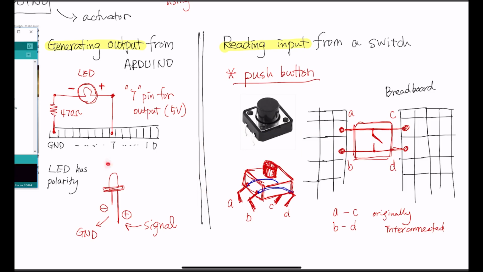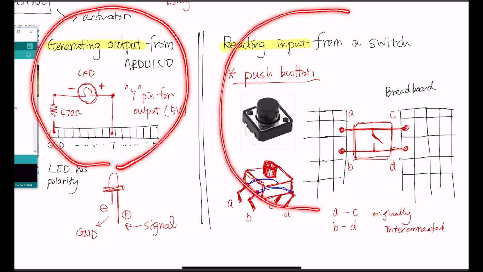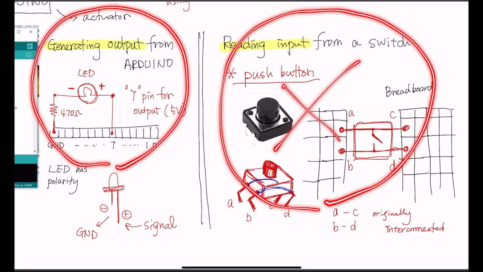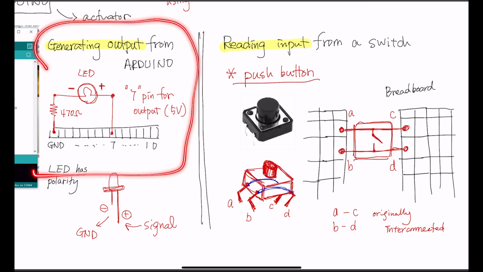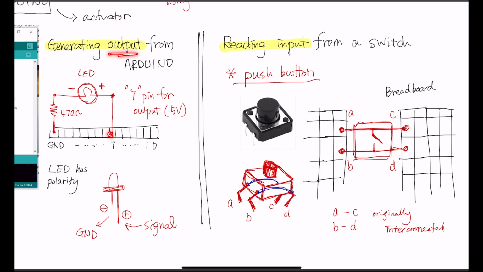And by the way, generating an output and reading an input are totally different, so you don't want to get confused between these two. This part is just showing how you generate an output from a pin, and from here we would like to see how you read an input from a switch.